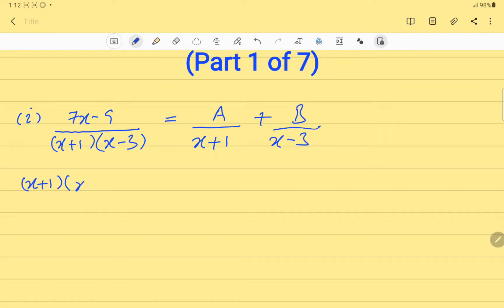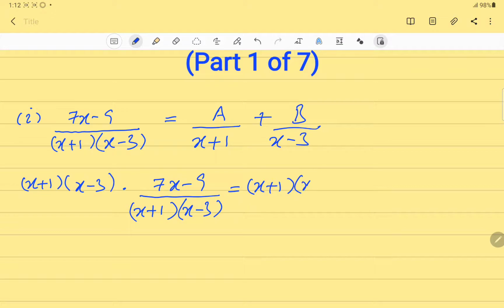(x + 1)(x - 3) multiplied by (7x - 9) over (x + 1)(x - 3) is equal to (x + 1)(x - 3) into a over x plus 1 plus b over x minus 3.